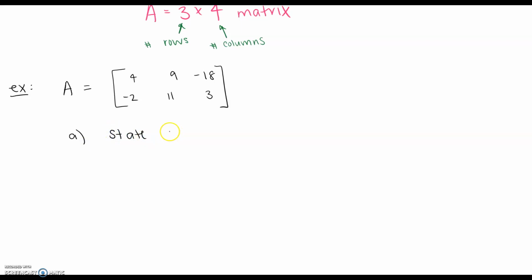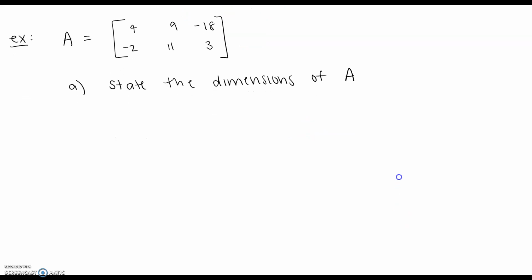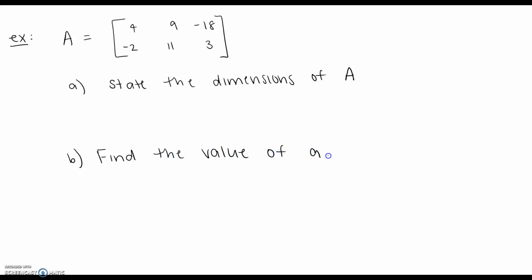First I want you to state the dimensions of capital A. And then the second thing I'd like you to do is find the value of element a sub 1,3.